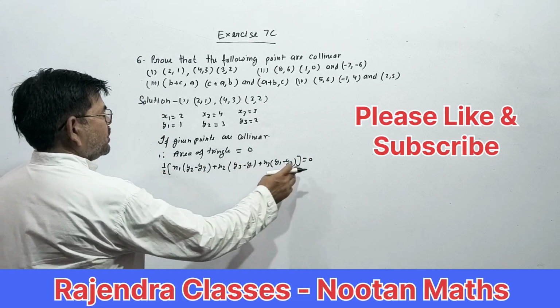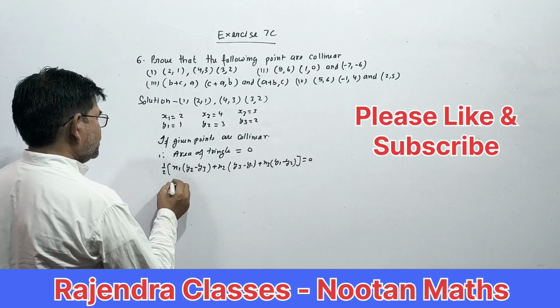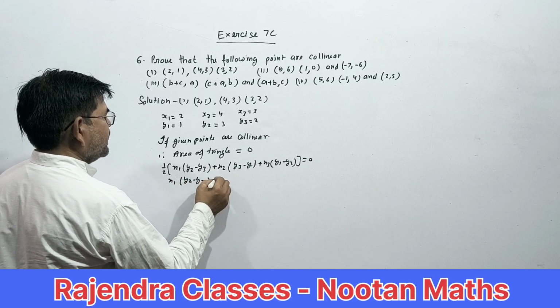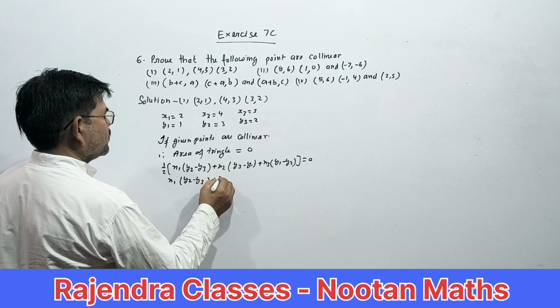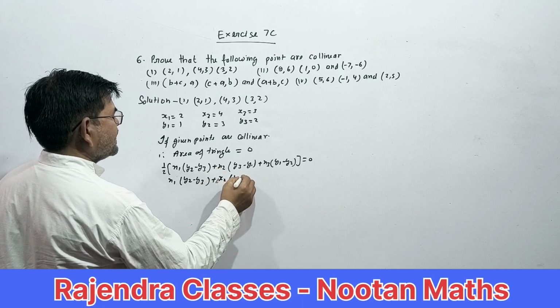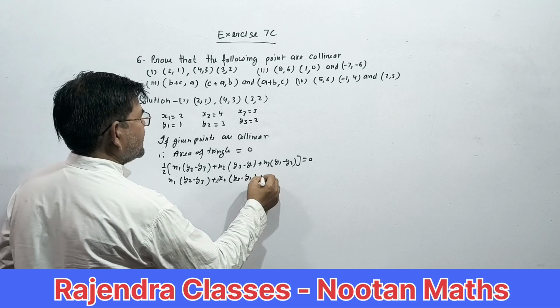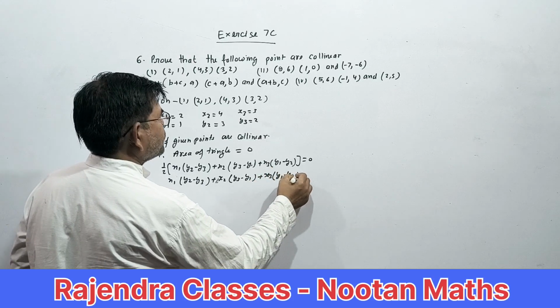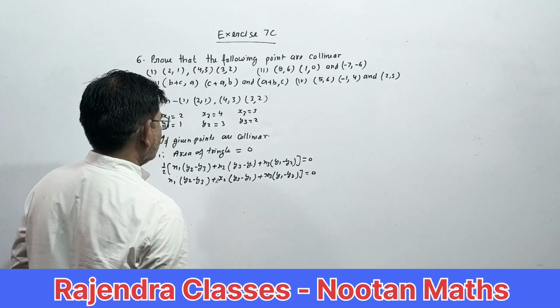We cross multiply from 0, we find 0. x1 (y2 minus y3) plus x2 (y3 minus y1) plus x3 (y1 minus y2) is equal to 0.